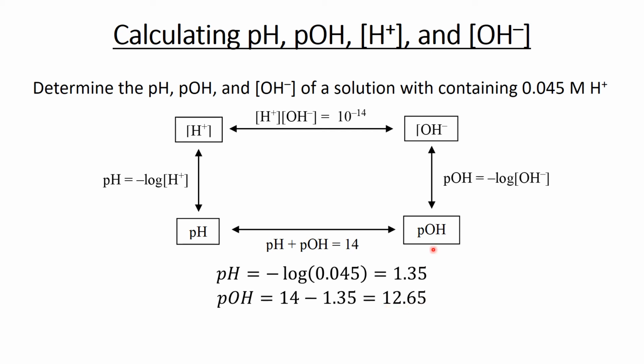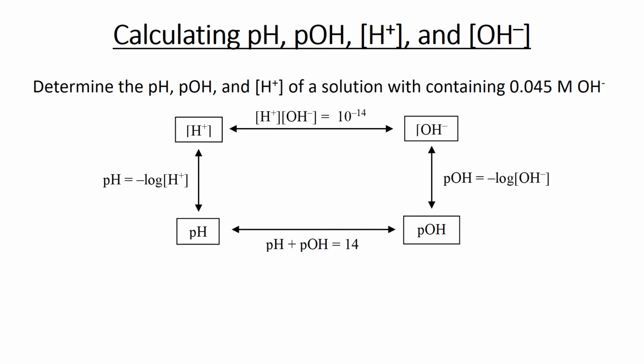Now that I have the pOH, I can calculate my OH minus concentration, because my OH minus concentration is just 10 to the negative pOH, which is equal to 2.23 times 10 to the negative 14 molar. So now I have figured out my pH, my pOH, and my OH minus concentration just from figuring out my H+ concentration.